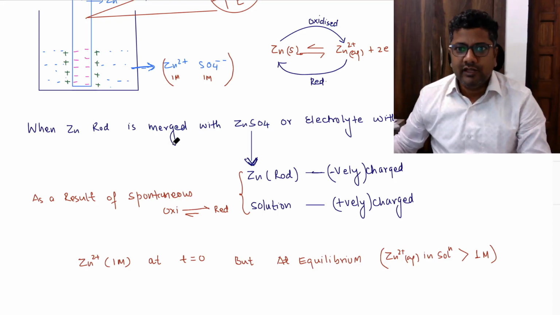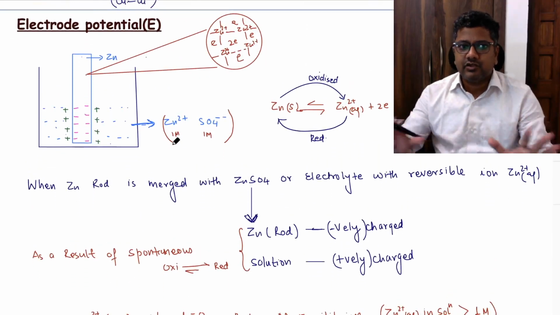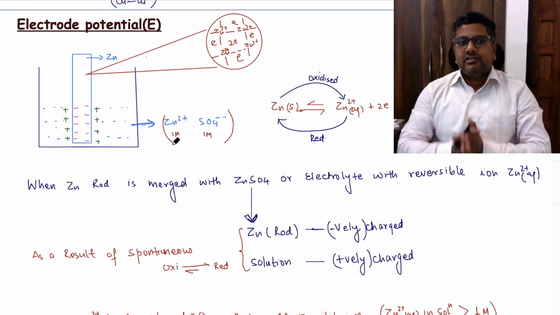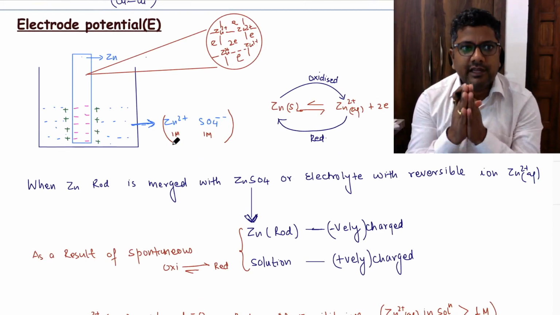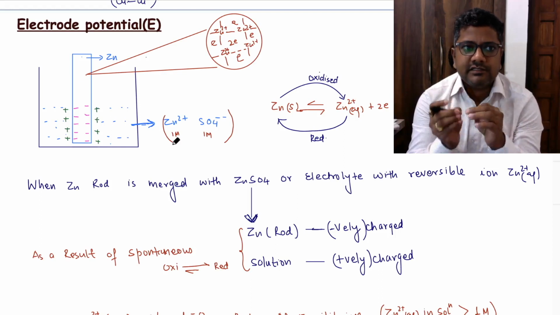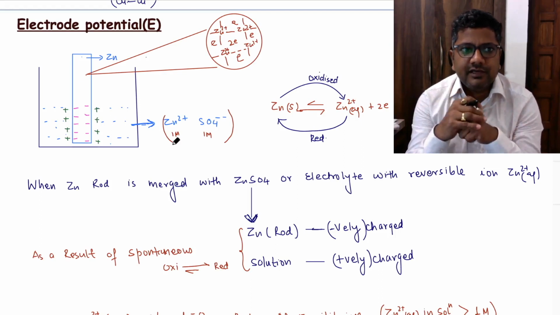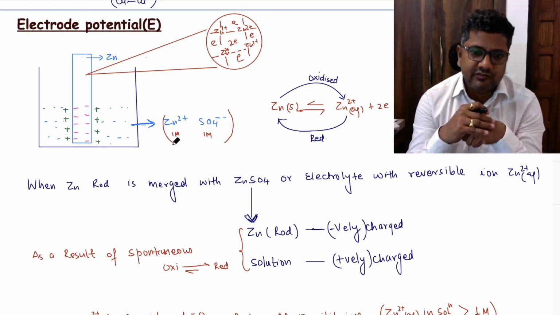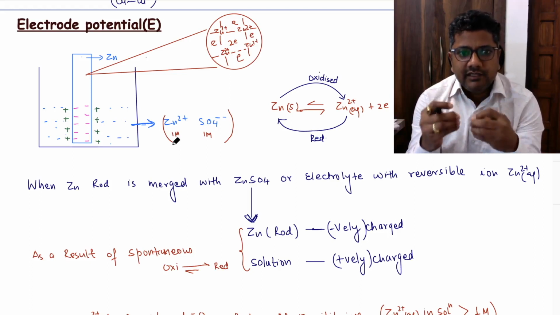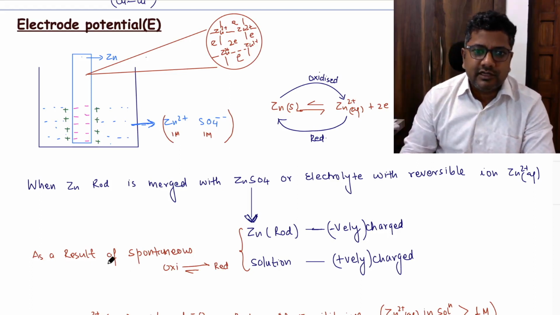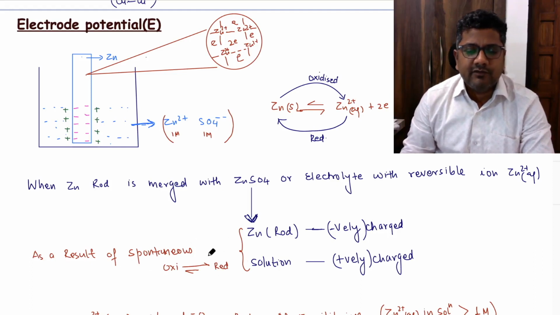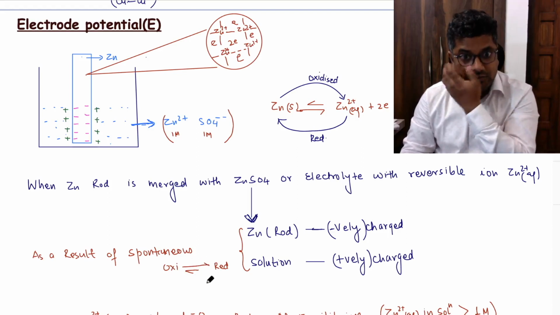So hopefully all of you are clear on this story, that any metal rod immersed in an electrolytic solution is either negatively charged or positively charged depending on the nature of that metal with respect to the solution. And why is this charge developed? This is due to the spontaneous setup of an oxidation reduction reaction. And definitely one process will dominate for the given electrode, right?